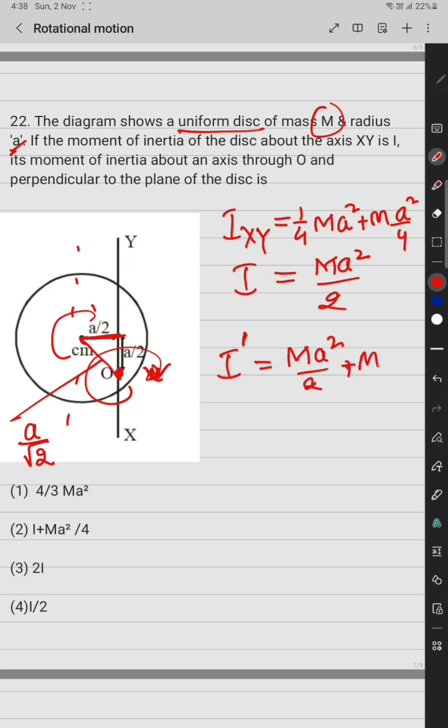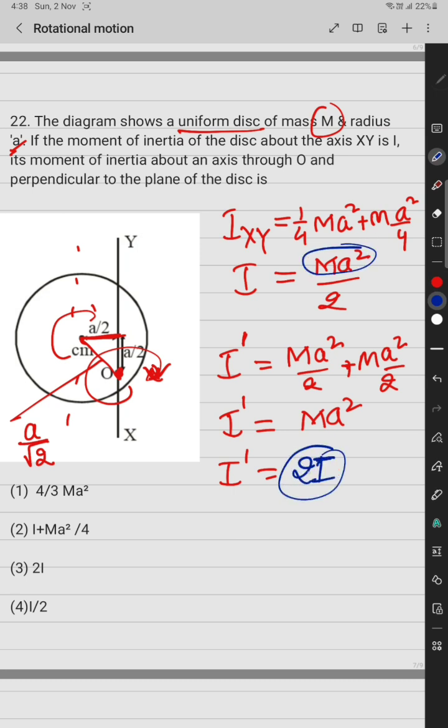So it is mass into a by root 2 squared, giving M a squared. In the second situation, I dash in terms of I: M a squared is twice I, so the correct option is the third one.